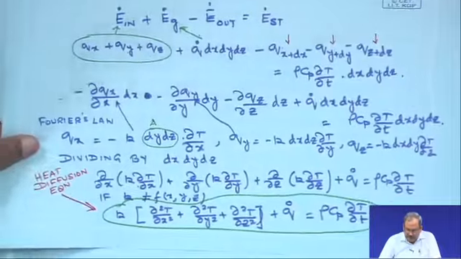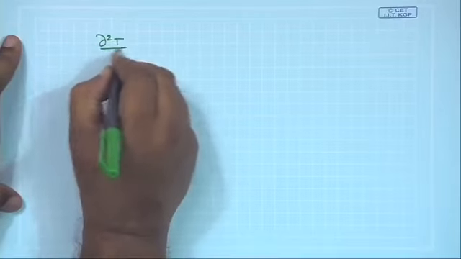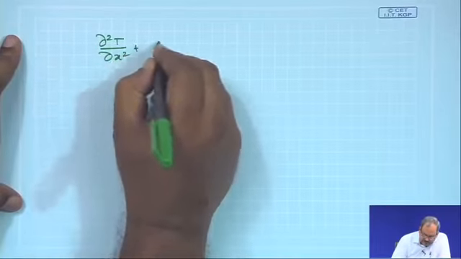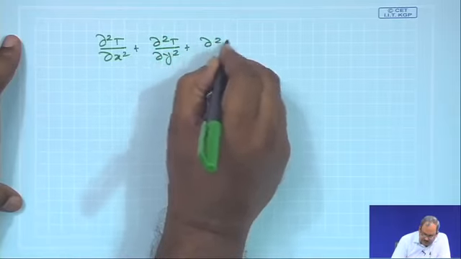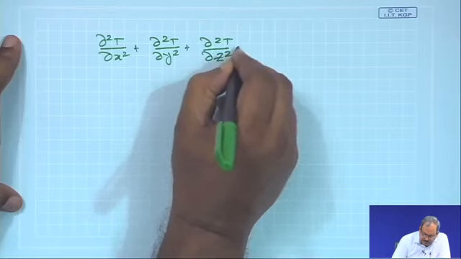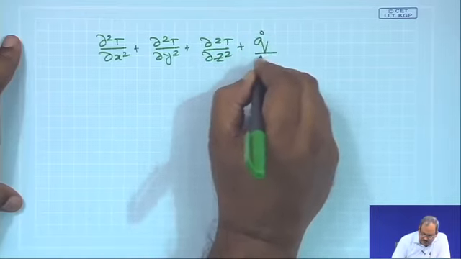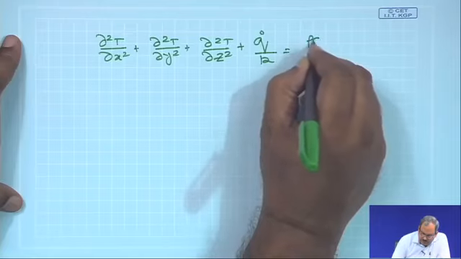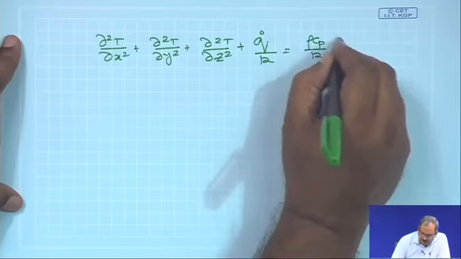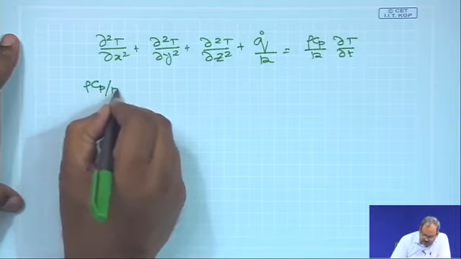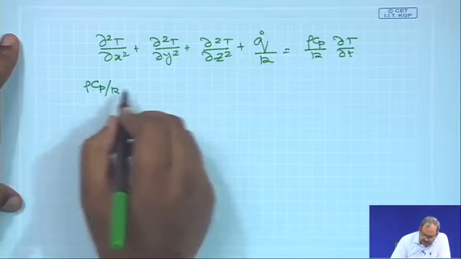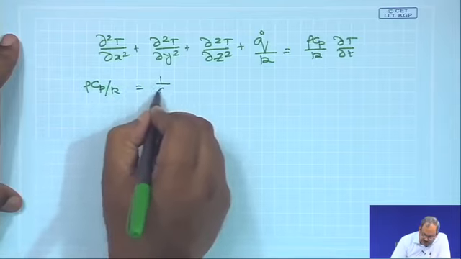A slight rearrangement gives a form of this equation, which is there in the textbook, del 2 T by del x square plus... this term rho Cp by k, or rather the inverse of this term, is called alpha.